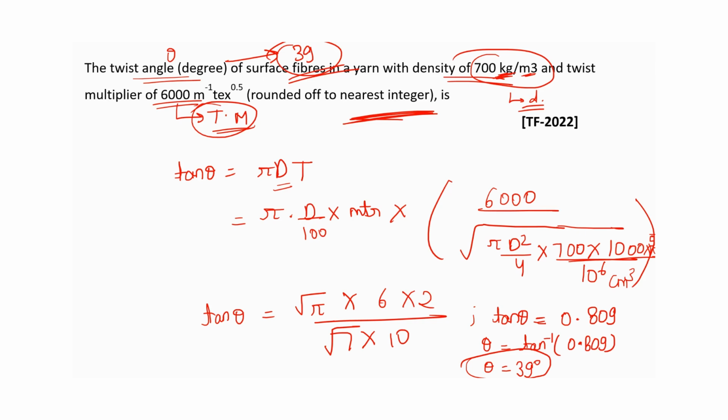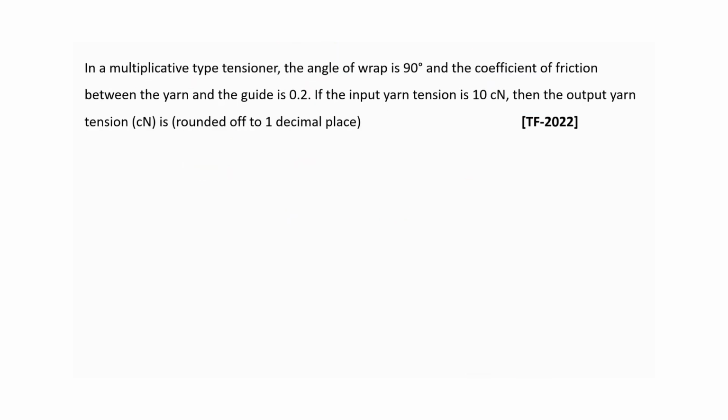Now coming to the next question. In a multiplicative type tensioner, the angle of wrap is 90 degree and the coefficient of friction between the yarn and the guide is 0.2. The angle of wrap is 90 degree, that means 90 upon 180, that is pi by 2 in radian. All these angles are kept in radian in solving these types of questions.